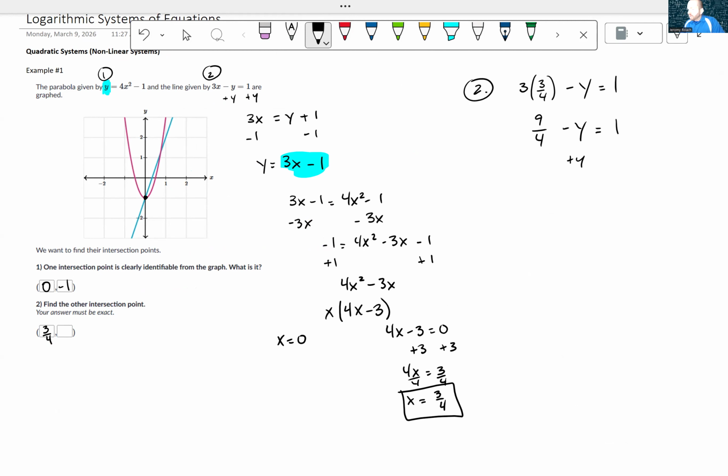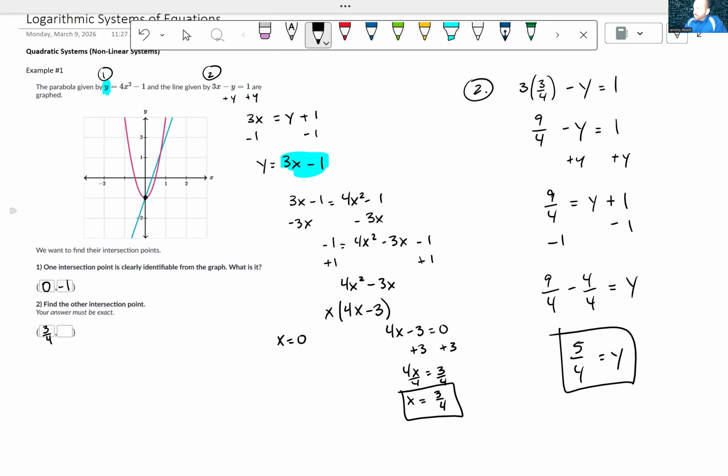And if we add y to both sides, we get 9/4 equals y plus 1. We're going to subtract 1 on both sides. And 1 is the same thing as 4/4 if we're changing that to a fraction. So we're going to subtract 4/4. And we get 5/4 is equal to y. So 5/4 is our second y value.